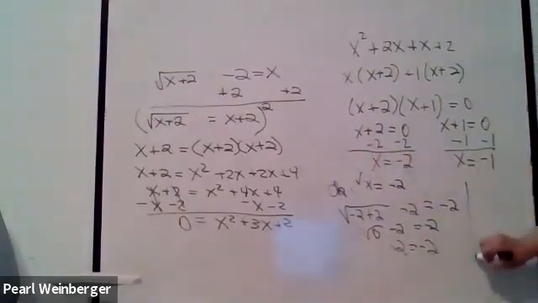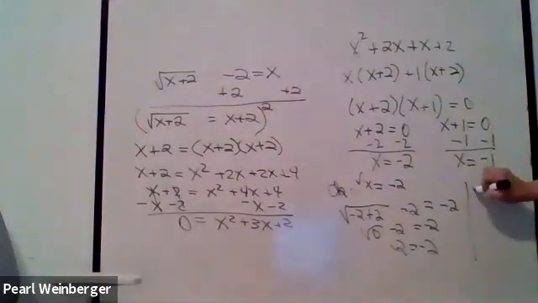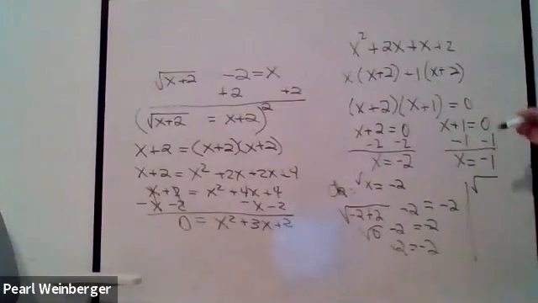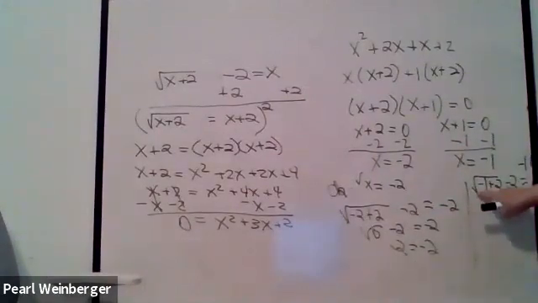Let's see what happens when we try x equals -1. So I have the square root of -1 plus 2, minus 2 equals -1. And -1 plus 2 is 1.